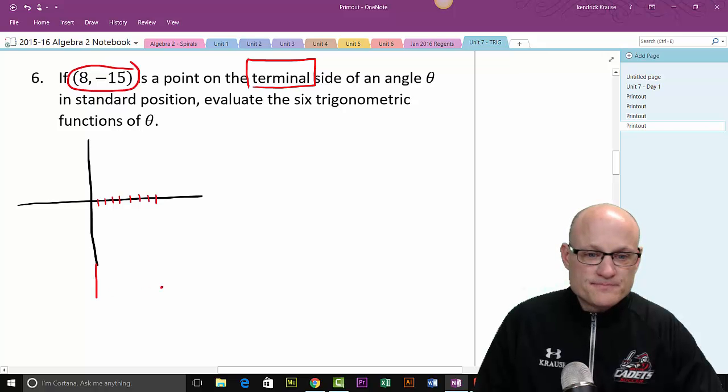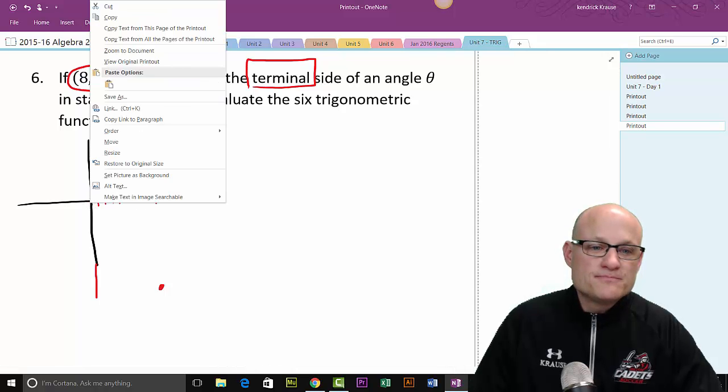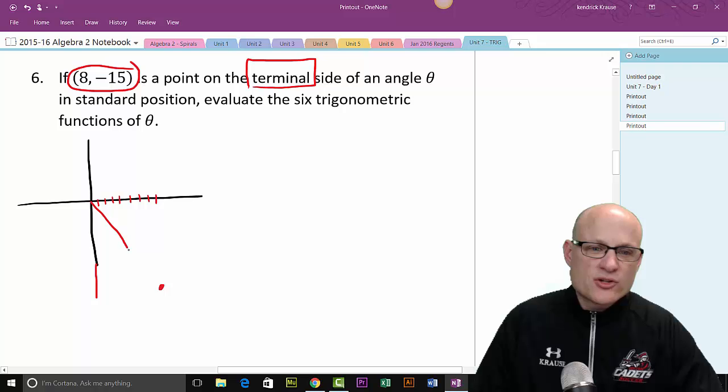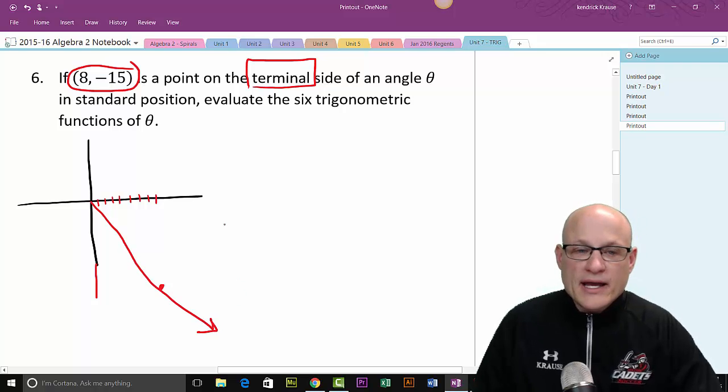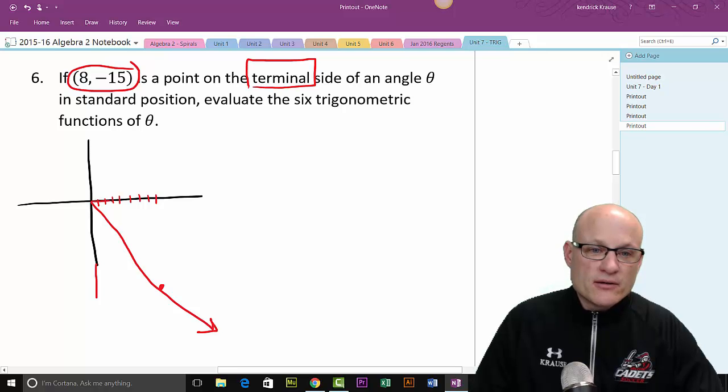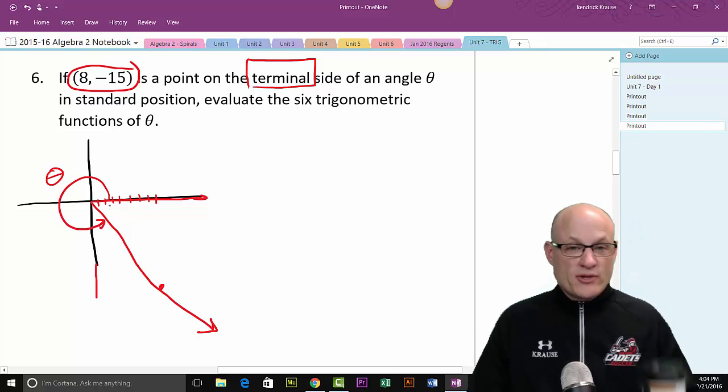I'm going to say it's right there. (8, negative 15). So basically, this is the terminal side of my angle. That's really my angle, because that's the terminal side.